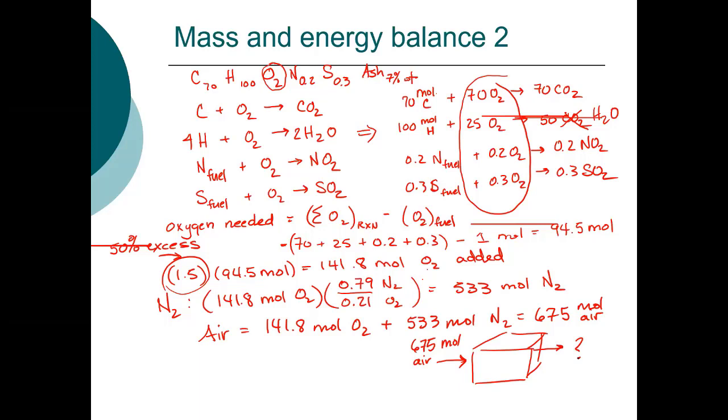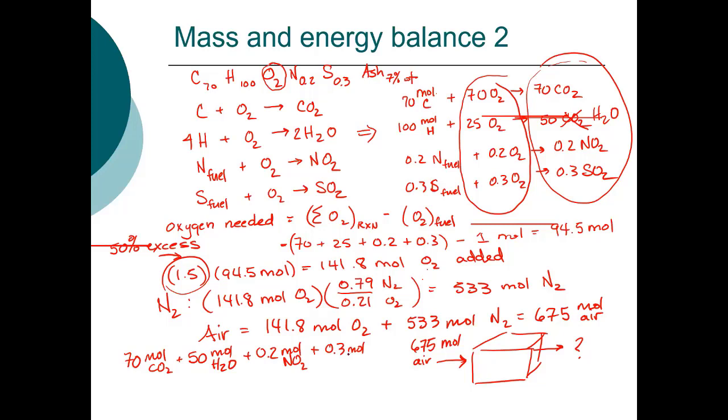Now we need to look at those reactions. So now we're looking right here at these reactions here. So we have 70 moles of CO2, 50 moles of water, 0.2 moles of NO2, and 0.3 moles of SO2.